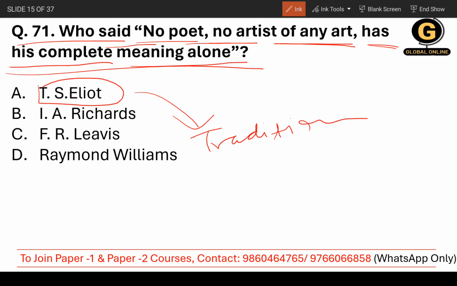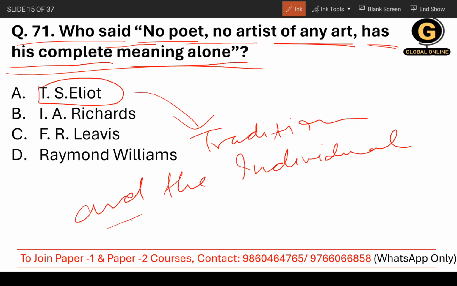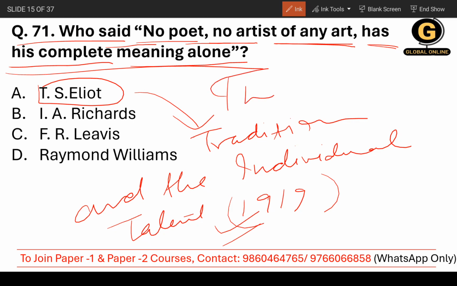It was published in 1919, and it was first published in The Egoist. I hope you do know that. Okay, so the first one is the correct option.